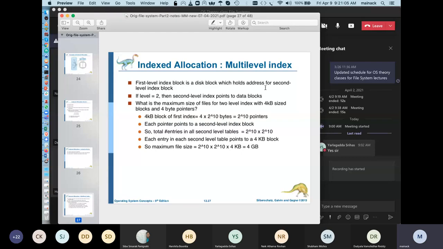So even if you start with one disk block, the number of final data blocks will increase exponentially with the levels. It's like a tree. You start with one index block, it will point to multiple other index blocks. They might point to other index blocks, and finally at the leaf, you will get some data blocks.